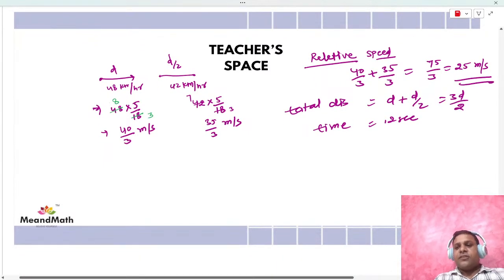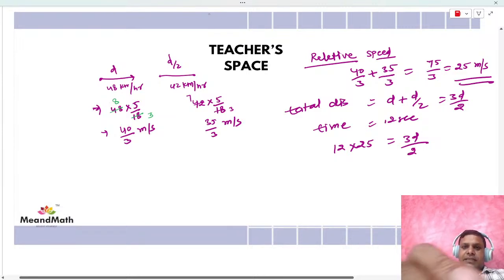Now you can solve the question. 12 into 25 is equal to 3d/2. Speed into time is equal to distance. So you can cancel out, so d is equal to 200.